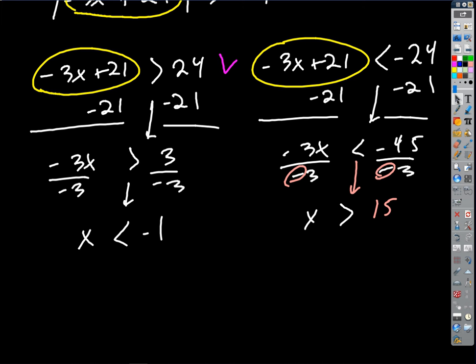Okay, what if, hypothetically, I did all this work and I got an answer like x is less than negative 4 or x is greater than negative 10? Now let's graph that real quick.